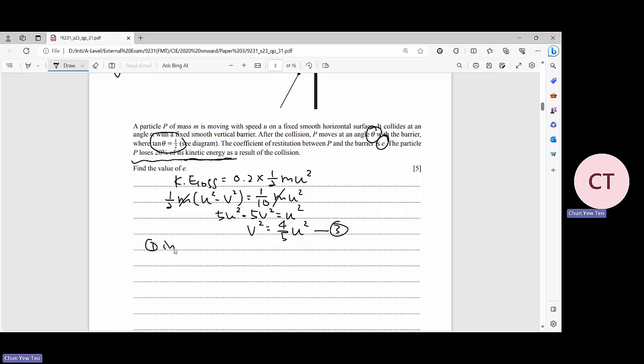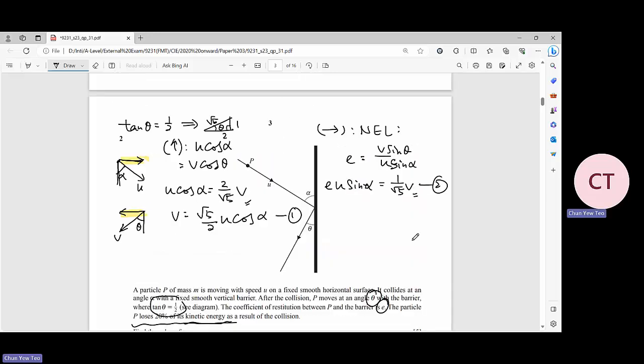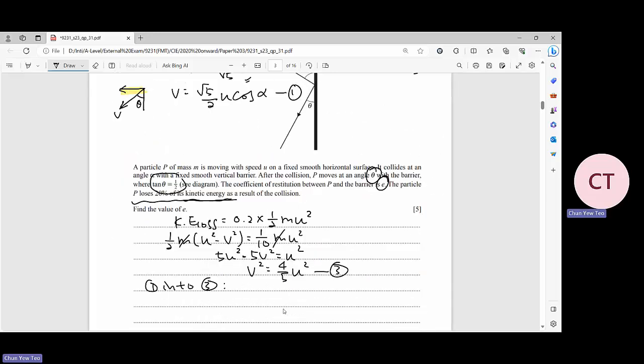So 1 into 3, you will have 5/4 u square cos square alpha equal to 4/5 u square. So the u square can be cancelled off. You have cos square alpha equals 16/25.